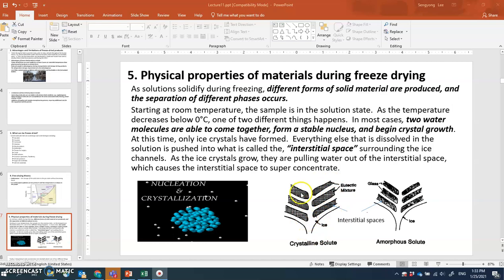Are they going to exist as a stable form, which we call a eutectic mixture? Or are they going to exist as some kind of glassy form, or an amorphous form that is unstable? That's another possibility, and we'll talk about those. Anyway, we call these spaces interstitial space. That's where you'll find your drug and other excipients mixed together.